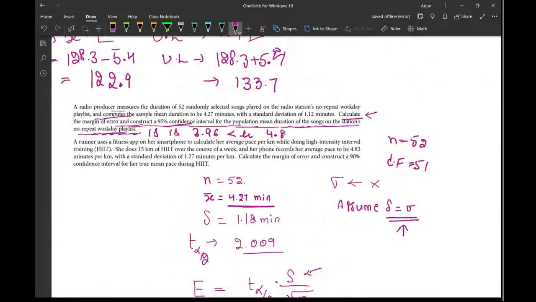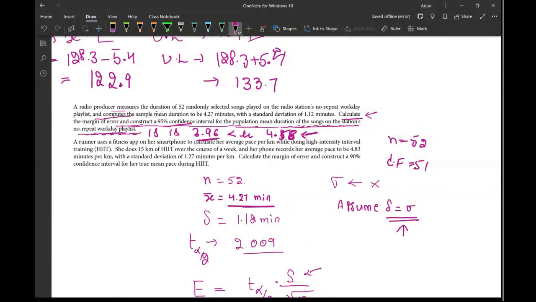In simple words, I can say we are 95% confident that the true population mean will lie between 3.96 and 4.58 for the duration of songs on the station no repeat workday playlist.